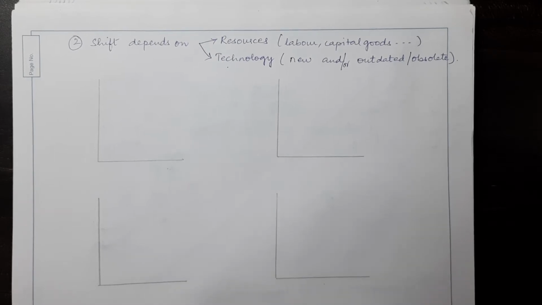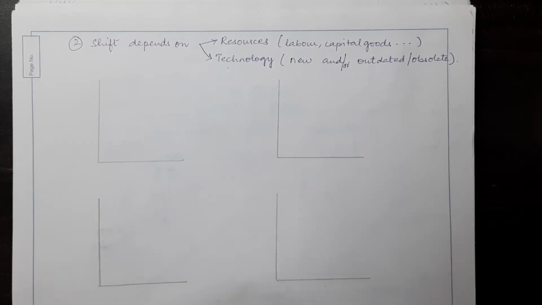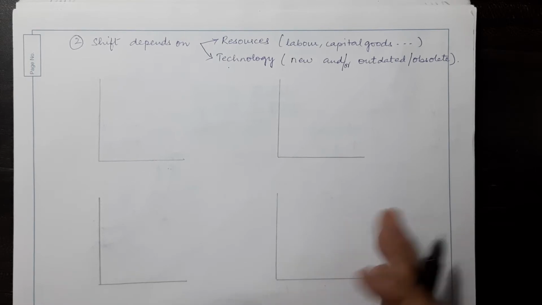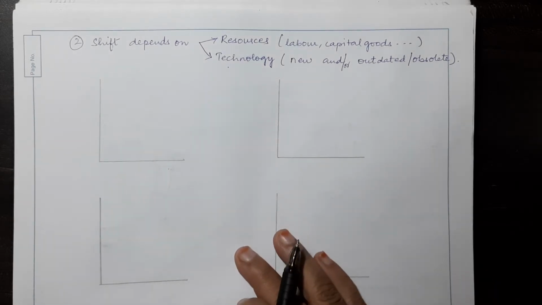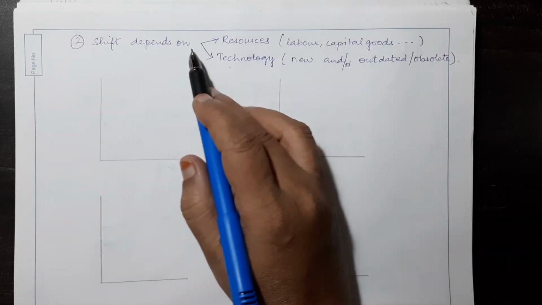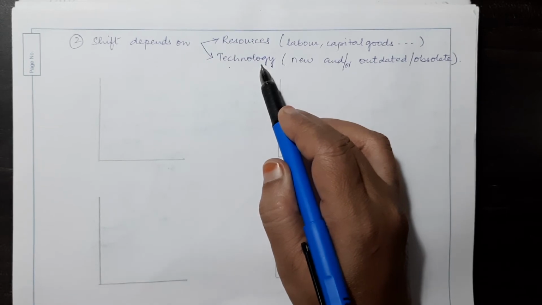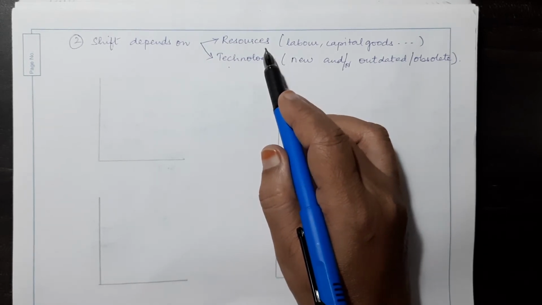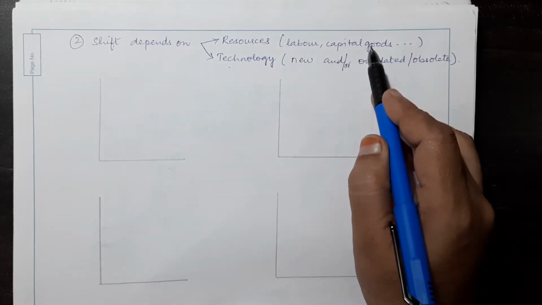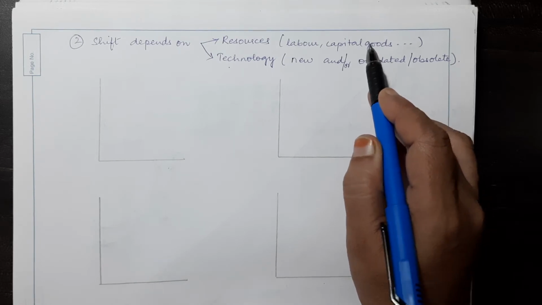Now the second question we had in our mind was whether the PPC shifts to the right or left. And we said yes, it can be shifted. Now the shift depends on resources and secondly technology. What are the resources? Labor and capital goods are the resources. What are capital goods?